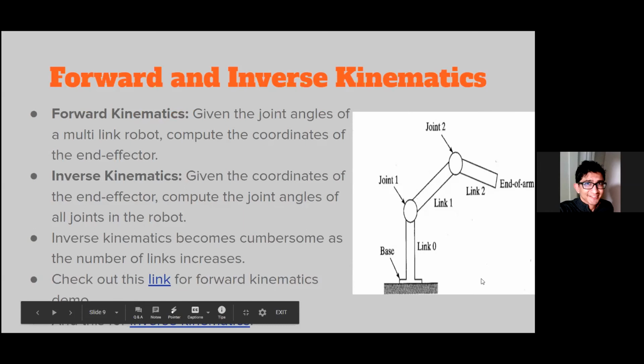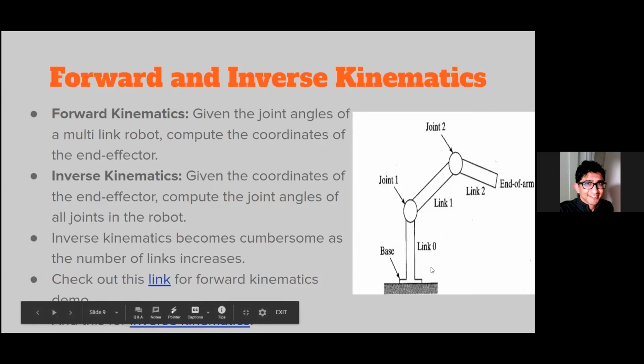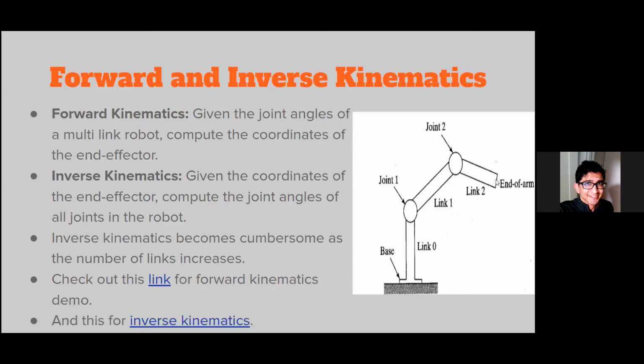So you have link 0, which is say at 90 degrees with respect to the ground, and you have link 1, which is say at an obtuse angle with respect to link 0, and you have link 2, which is say at another angle with respect to link 1. So if you have all these three angles at a given coordinate frame, say at the coordinate frame of the base, can you compute the coordinates of this end effector, this point right here? So that is the forward kinematics question.